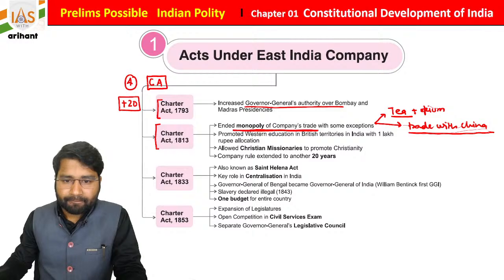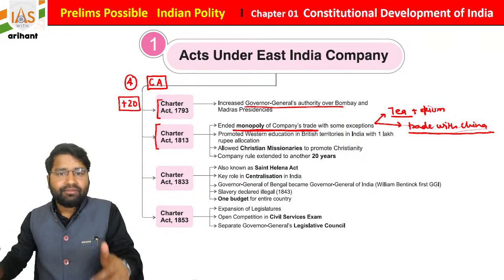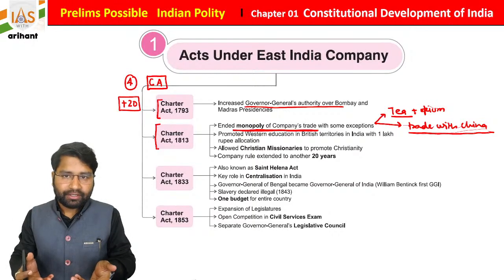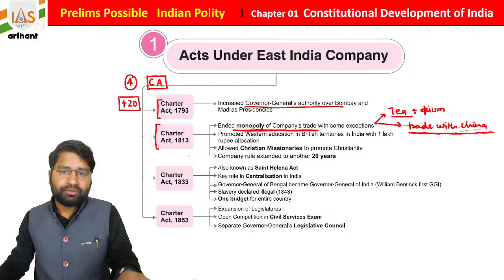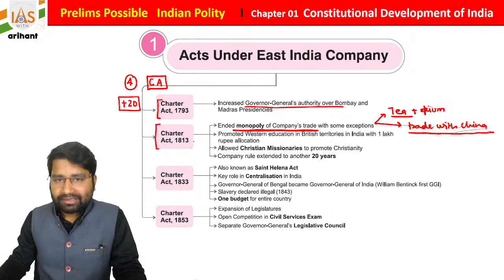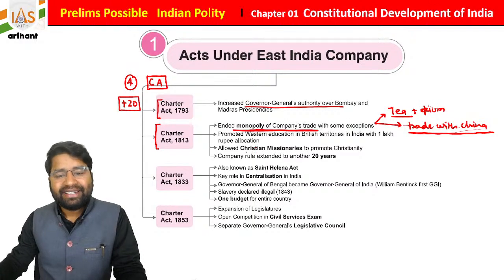Otherwise, the monopoly was ended. And here, students, as the British wanted to show more responsibility in India, to introduce good quality Western education in India, they allowed Christian missionaries to promote Christianity as well as education.